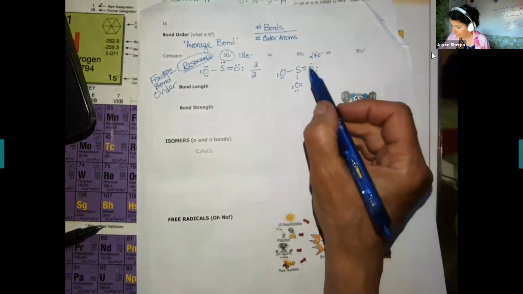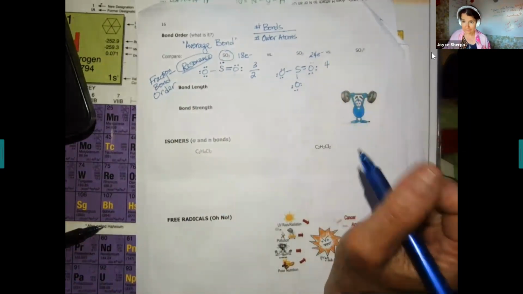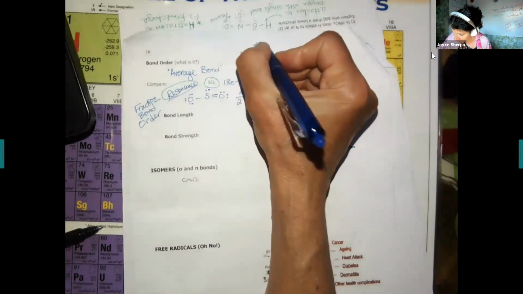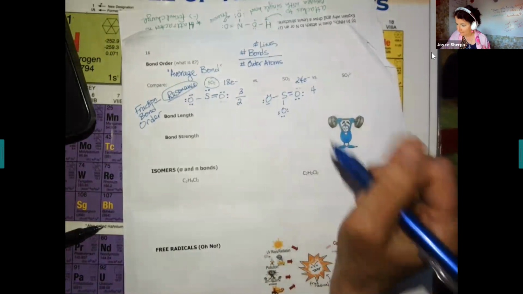So SO3, there are 1, 2, 3, 4 bonds, right? So you count every line, number of bonds or number of lines, if you like that. And then there's 1, 2, 3 atoms on the outside. So it's a 4/3 bond. Or if you average a double and 2 singles, you'll get 1.33.